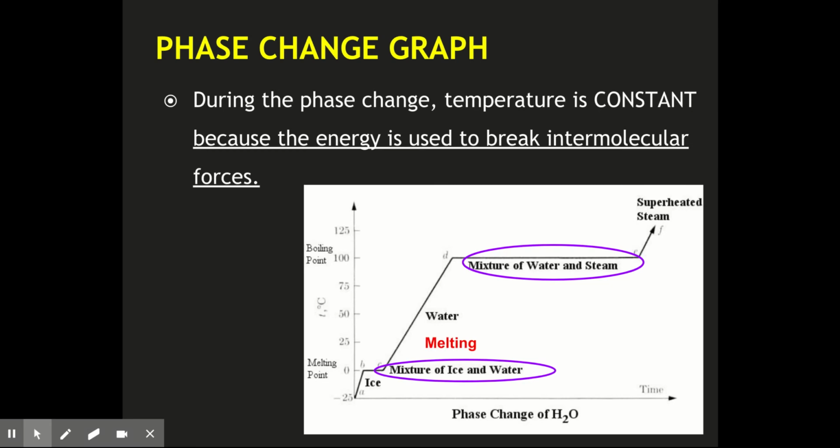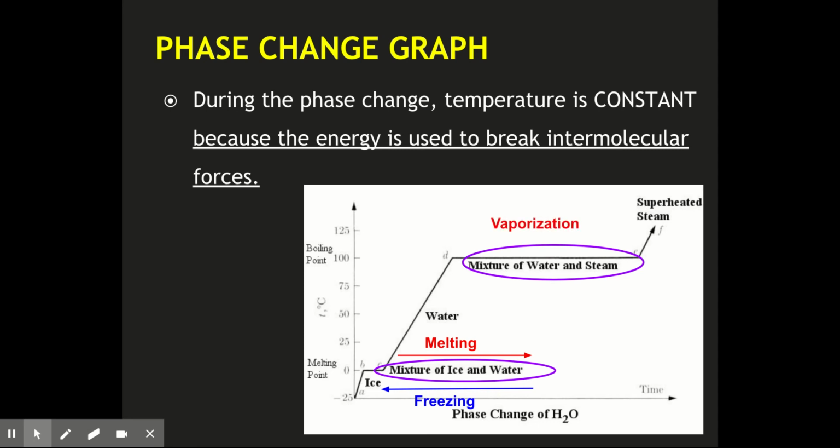So we have melting when, back down again at 0 degrees, our ice cube melts into water. As energy is increased, as heat is increased over time, and as energy is decreased and heat is decreased over time, our water will actually freeze back into ice.